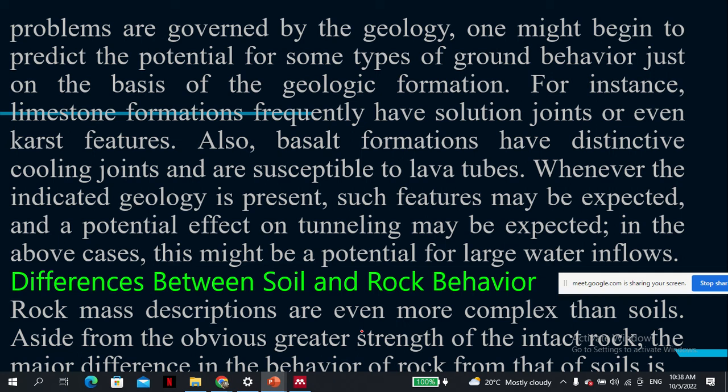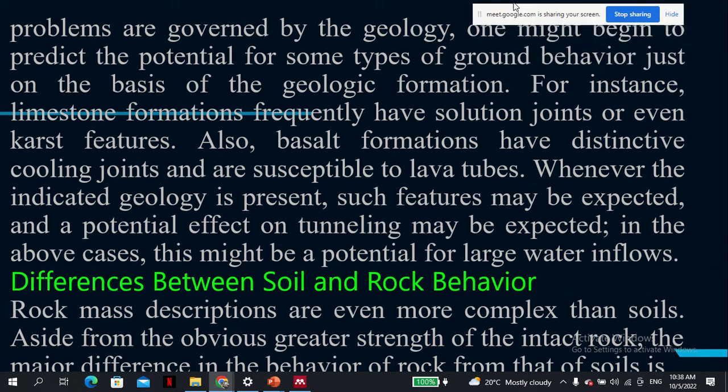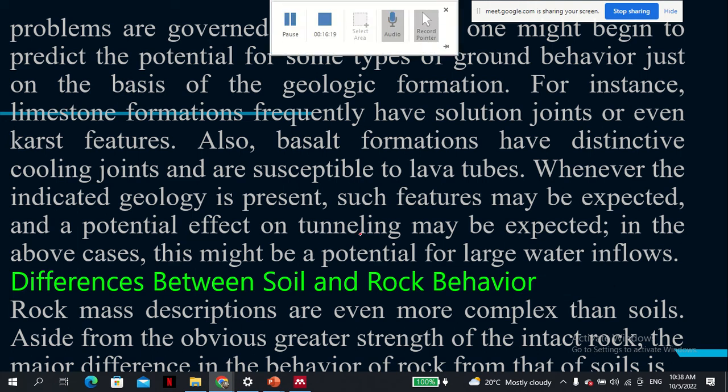Simply put, you can sample the soil, and if the sampling was done in a very representative way, then the result from the lab can reasonably, within certain limits, be assumed to represent the in situ behavior.